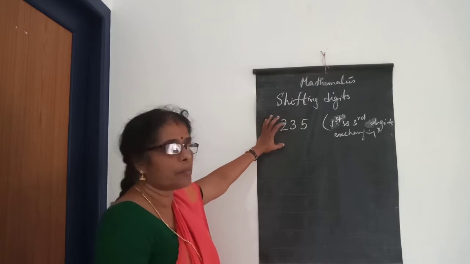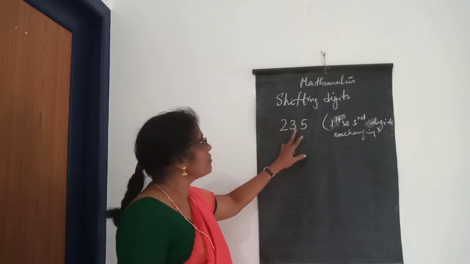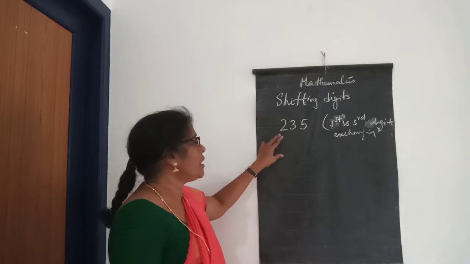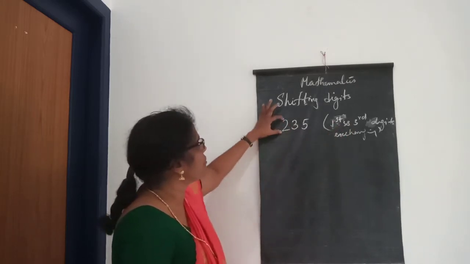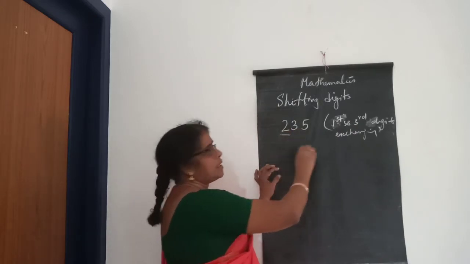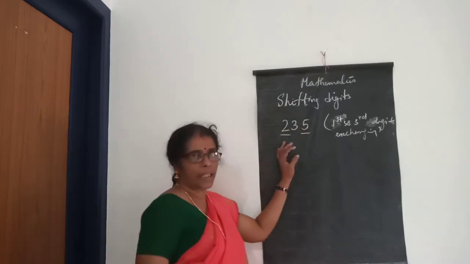In this 3-digit number, in the ones place 5, tens place 3, and hundreds place 2. Here, telling first and third digit. First digit means 2. Third digit means 5. These two digits are exchanging.